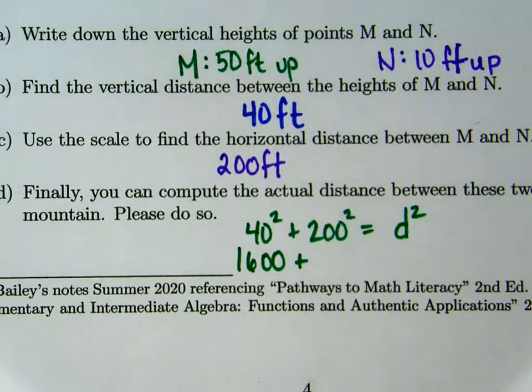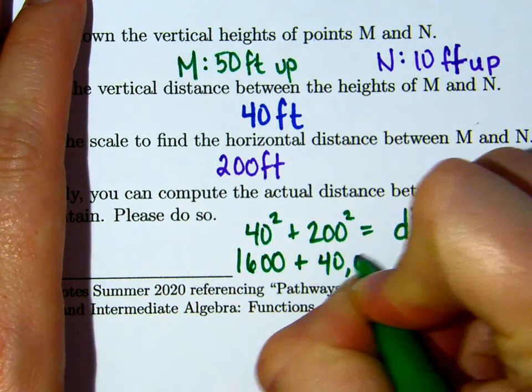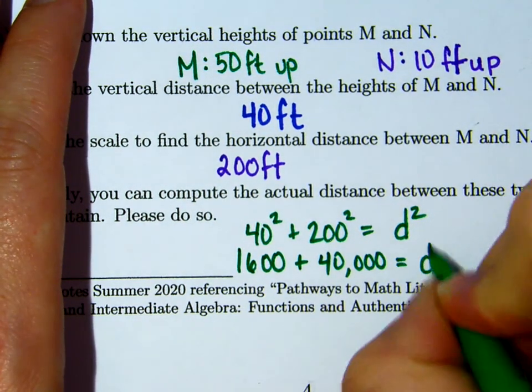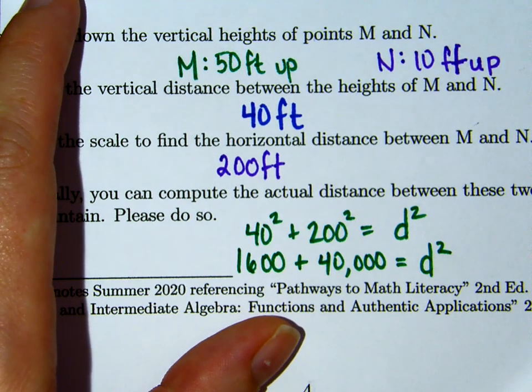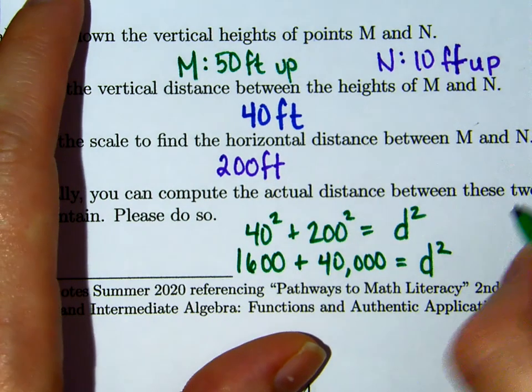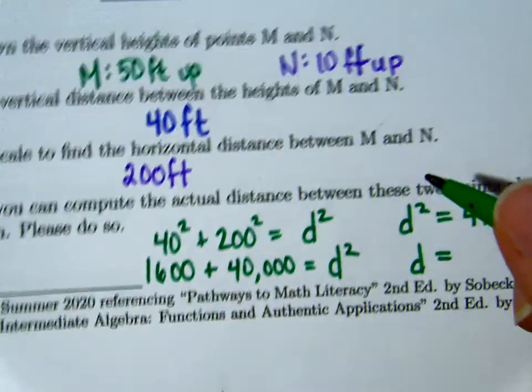Is that 40,000? Yes. That equals D squared. Add the two. And so D squared equals 41,600.